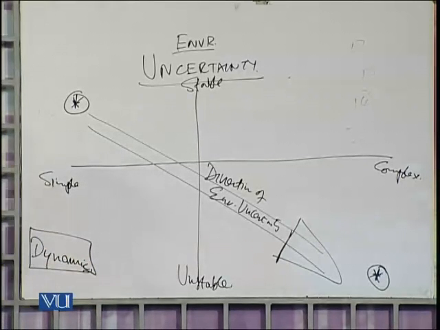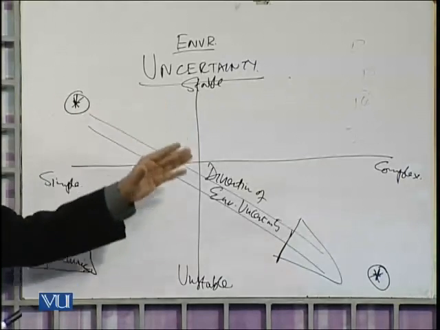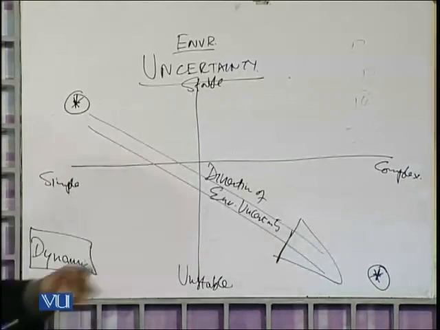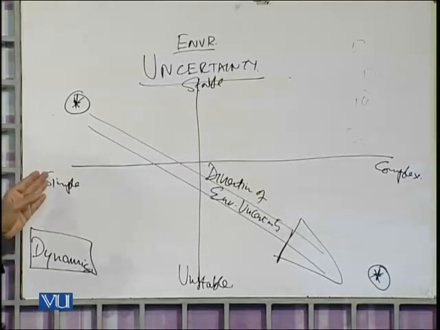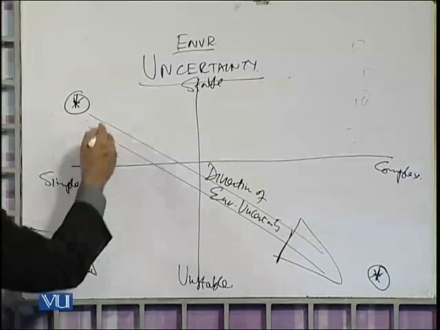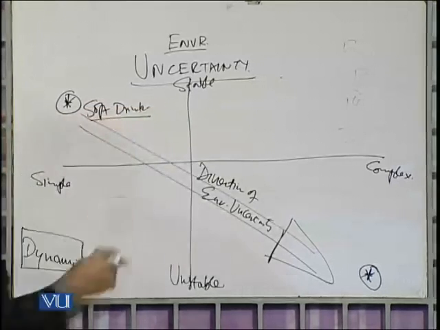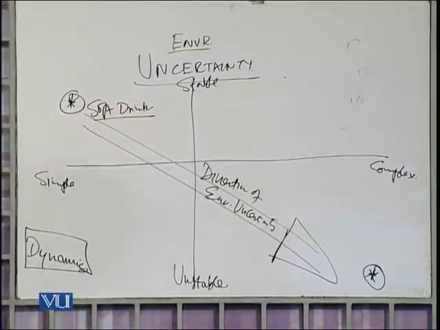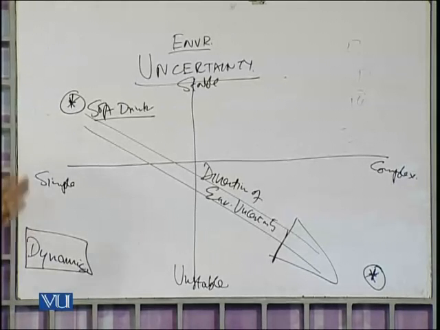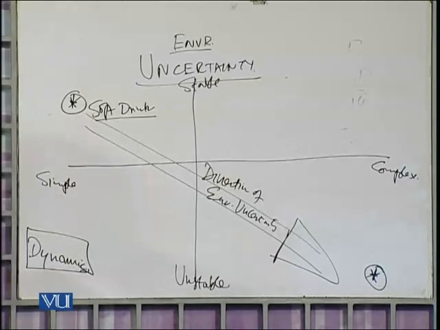But note that the companies will be scattered around these 4 cells, and some companies will enjoy a simple and stable environment, like the example which I gave you, soft drink companies. It does not change, people do not change their taste regarding soft drinks very quickly. There are not many factors affecting soft drinks, so it is a relatively simple and stable environment.